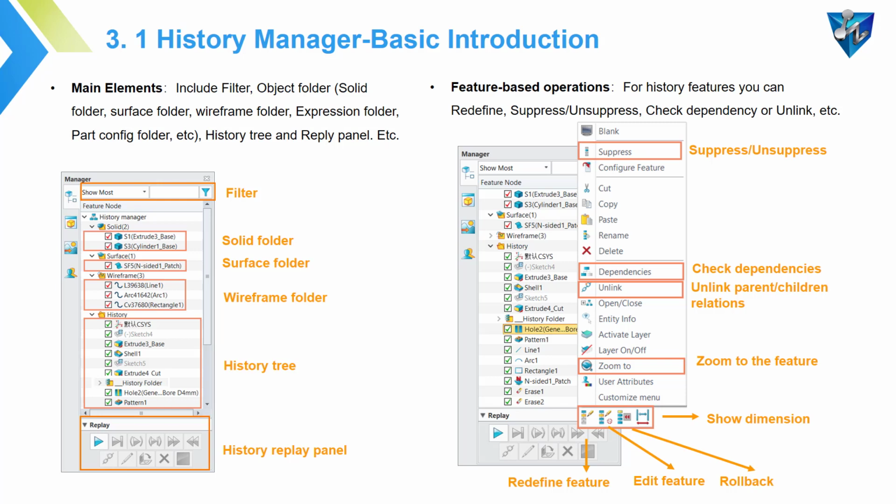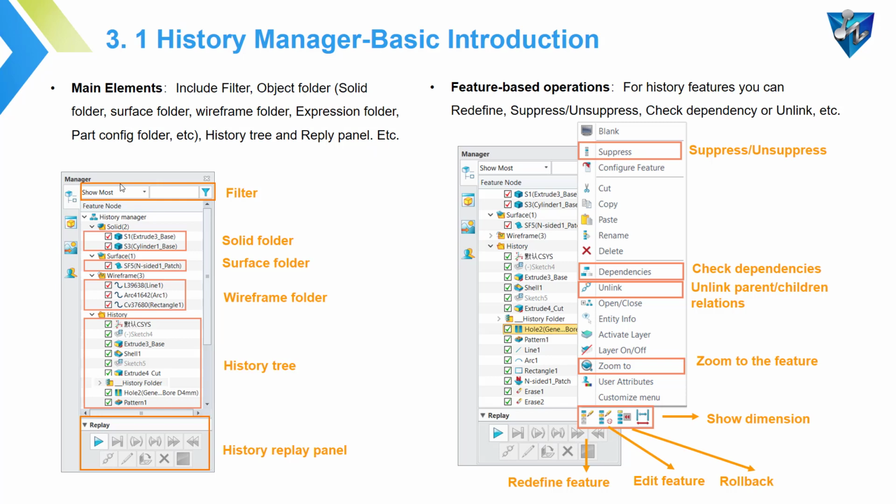So first of all, I will show you the main elements in History Manager. In general, there are four parts inside: filter, object folder, history tree, and the replay panel. So for filter, it's easy to understand.